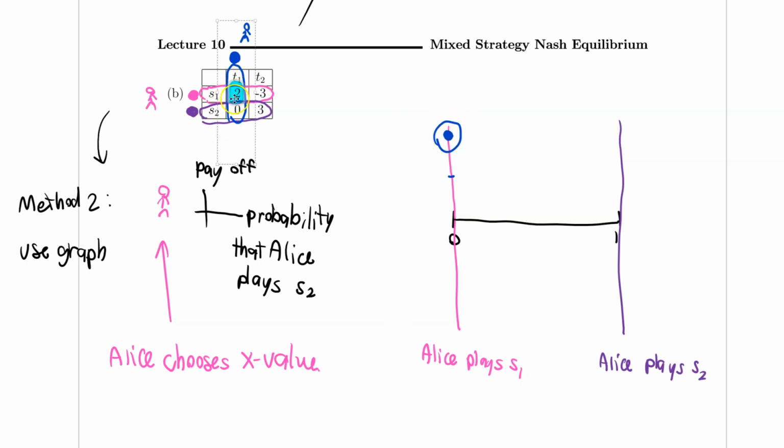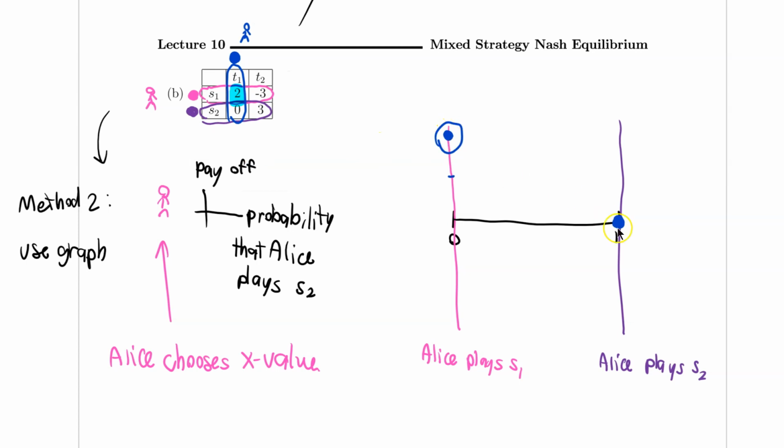Now, if Alice plays S2, if Alice plays purple and Bob plays blue, that means the payoff is going to be 0. So that is going to correspond to this point here. This point corresponds to the number 0 here, and this point corresponds to the number 2 here.